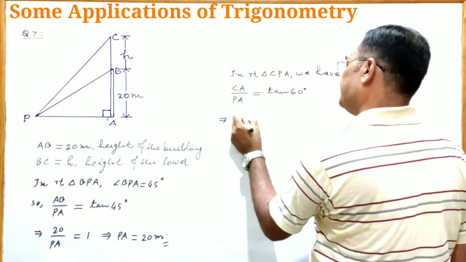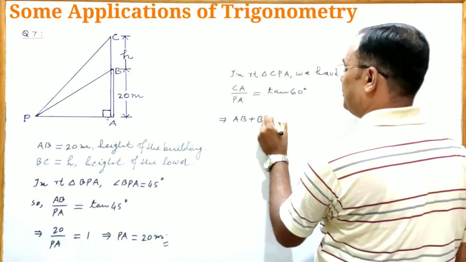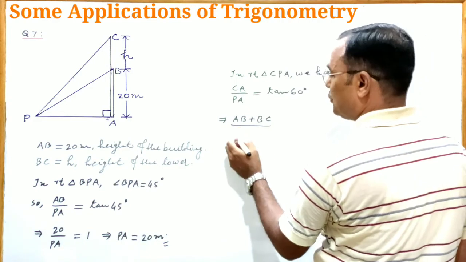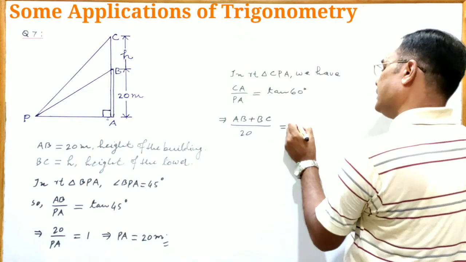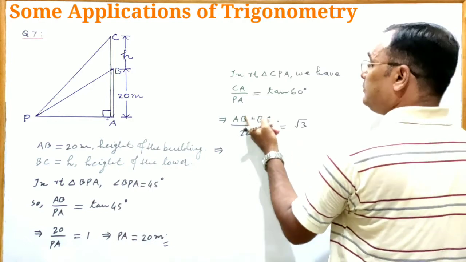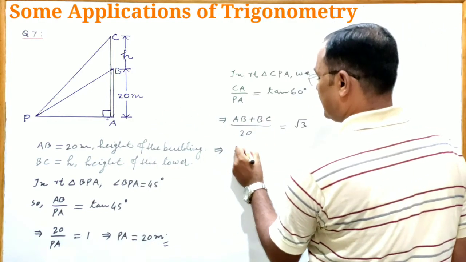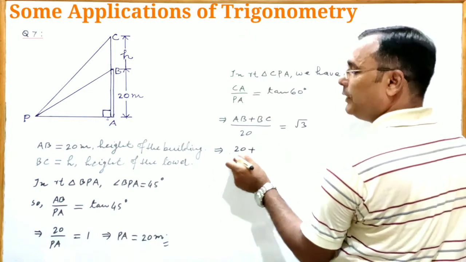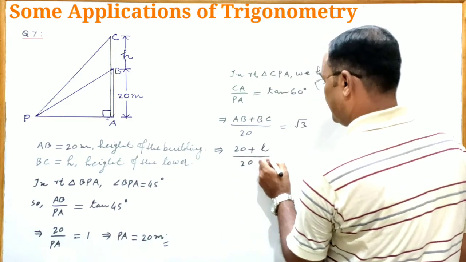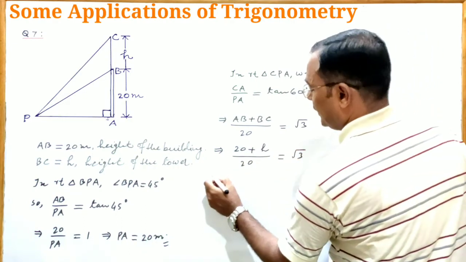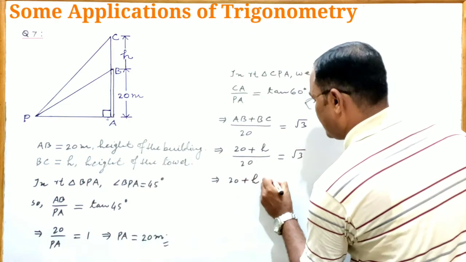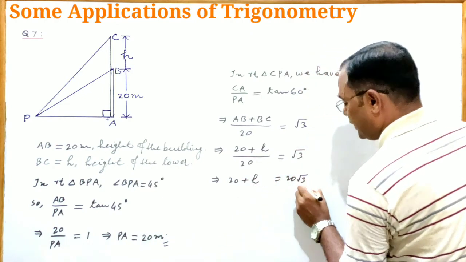CA we can write AB plus BC by PA, 20 meter, tan 60 degrees value root 3, and this implies AB is already given 20 and BC we have written H, height of the transmission tower, by 20 equal to root 3. Cross multiply, 20 plus H equal to 20 root 3.